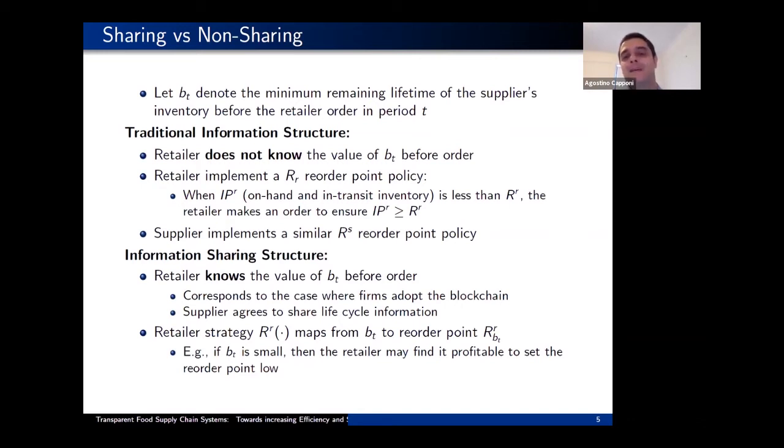And intuitively, what we expect is that if BT is small, if the remaining inventory has a low lifetime, then the retailer will find it profitable to set the reordering point low, in the sense that he wants to start reordering soon. He doesn't want to wait too long before reordering, because it could happen that he will get only goods that are spoiled, goods that are already in the expiry stage.